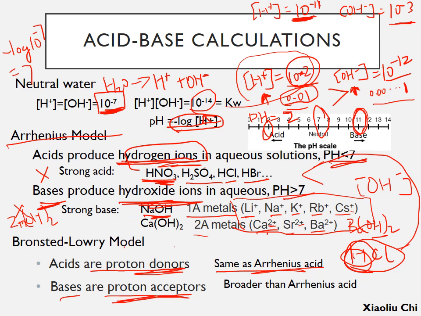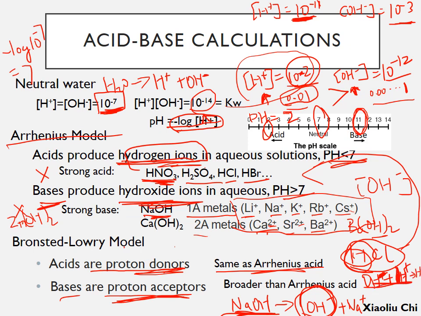So let's look at Arrhenius base. Sodium hydroxide is an Arrhenius base because it can produce hydroxide and sodium. So that's an Arrhenius base, but it's also a Bronsted-Lowry base because the hydroxide can react with hydrogen to form water.